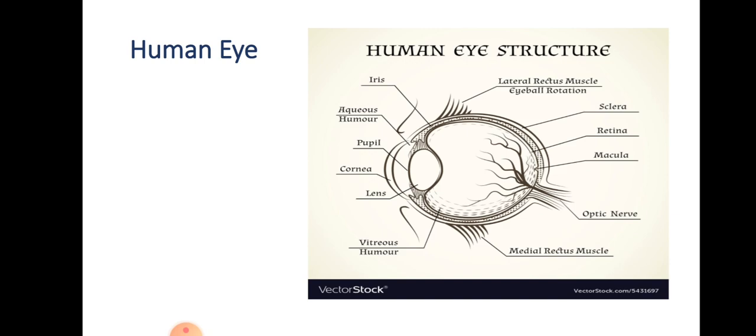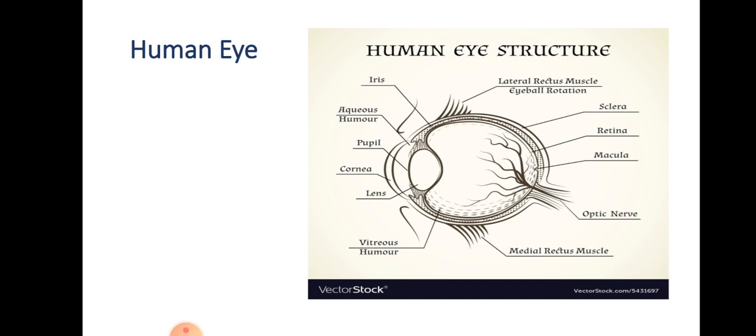The iris is that part of the eye which gives its distinctive color. You can see some persons have brown, blue or green eyes.